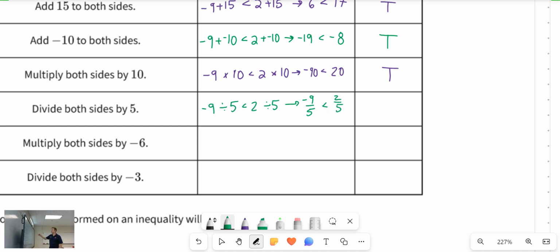So if I have -9 of a thing, and I compare that to 2 of a thing, -9/5 is going to be less than 2/5. So this is still true.